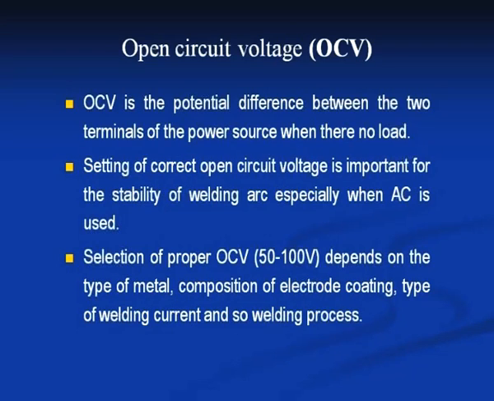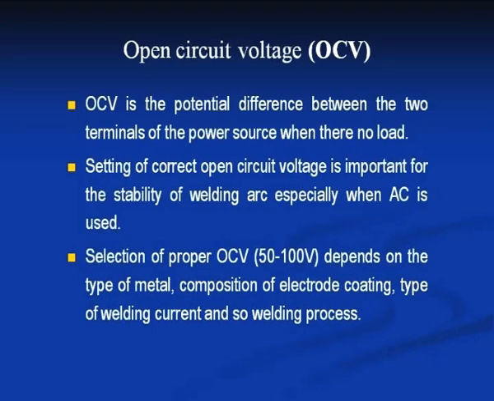If a lower open circuit voltage than the optimum value is set, then the arc gets destabilized very frequently and leads to the development of a poor weld bead, and therefore proper setting of the open circuit voltage is important. Normally the AC power sources need a higher open circuit voltage as compared to the power sources which supply DC current.